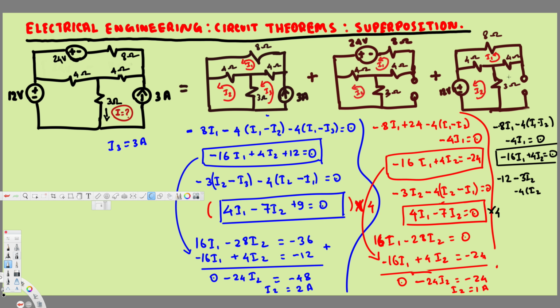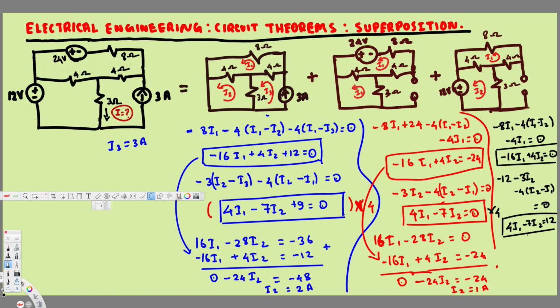But I1 is going in the opposite direction, so that's going to be minus I1 right here, and that's equal to 0. And if you simplify this one, you should get positive 4 I1 minus 7 I2 is equal to 12. Okay, so this is our second equation.